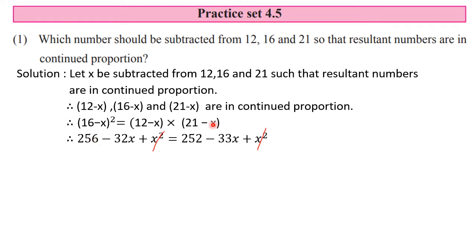So here this minus 33x you can shift here. So you will get 33x minus 32x in LHS, and this 256 you can shift here, so 252 minus 256. So here the answer is 4 is equal to minus x, and therefore x is equal to minus 4.